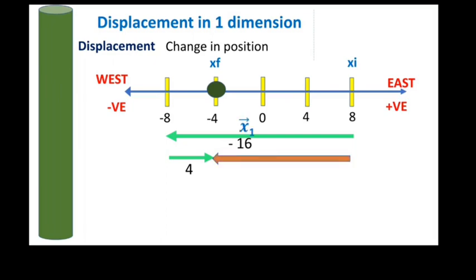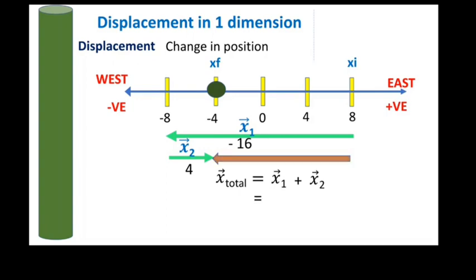So x1 can be used to represent the displacement, the first displacement of the object, the -16, and let's use x2 to represent the displacement in the positive direction, the +4. So the total displacement would be the sum of the individual displacements, x1 plus x2. The displacement vector x1 plus the displacement vector x2 will give us the total displacement traveled by this object.